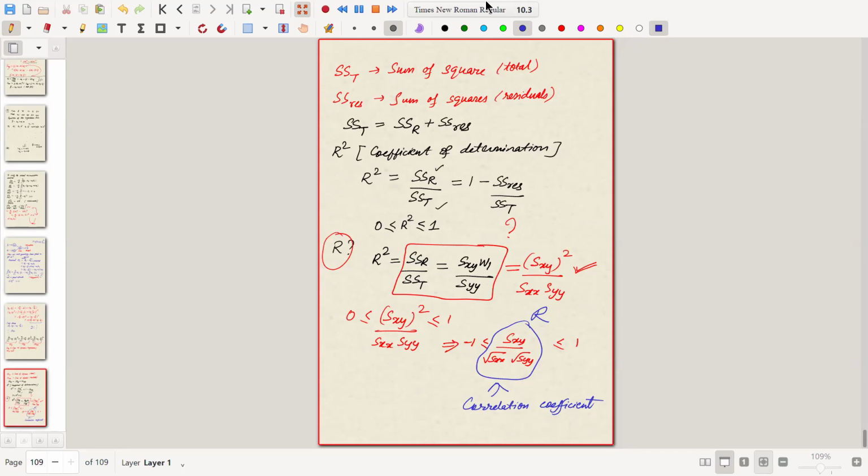R2 we know will lie between 0 and 1. If it is near 0, it's a bad fit. If it is towards 1, it's a good fit. If it is equal to 1, not good. It implies overfitting. Now, in order to make sense of the quantity R, we have to write R2 in terms of SXY, SSX, all these quantities.